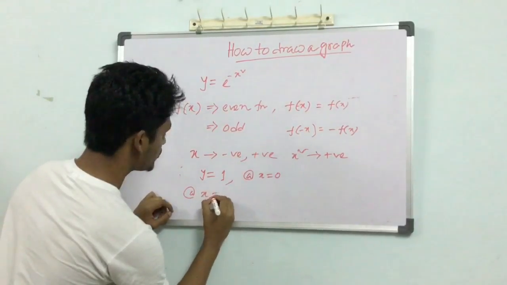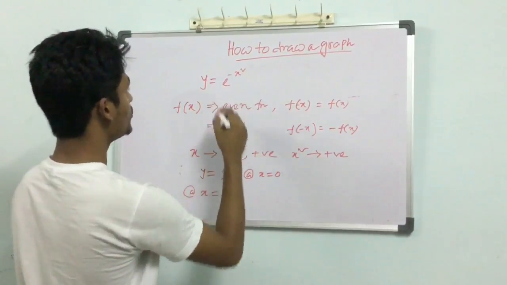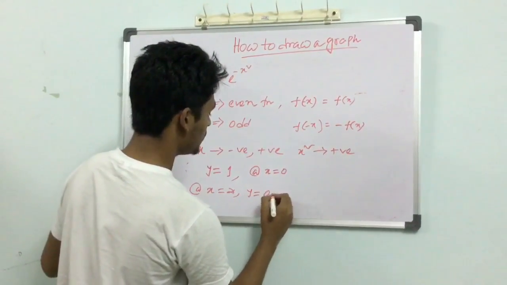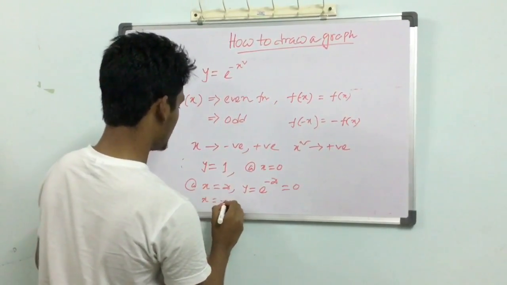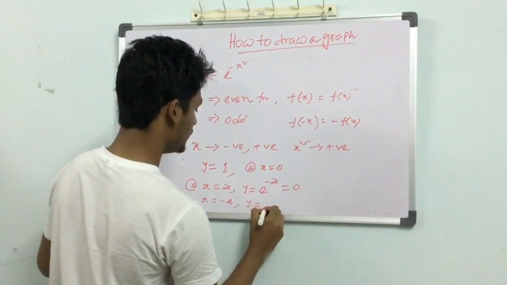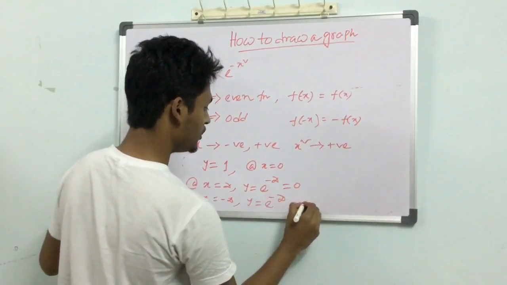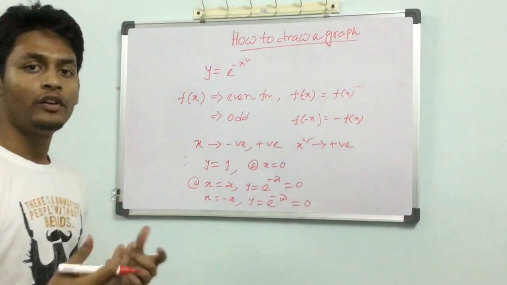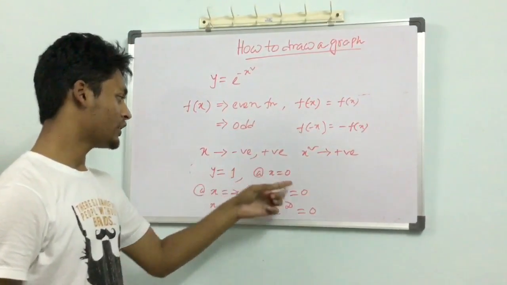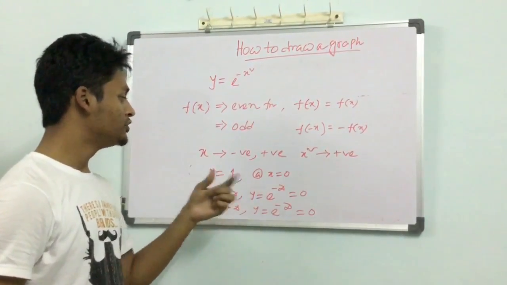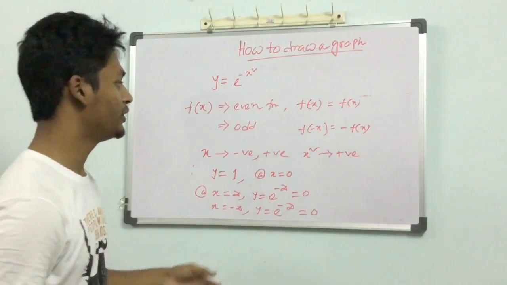At x is equals to infinity, this is going to give you e to the power minus infinity, that is 0. At x is equals to minus infinity, this is going to give you e to the power minus infinity again 0. So the function is going to give you value 1 at x is equals to 0 and value 0 at both infinity and minus infinity.